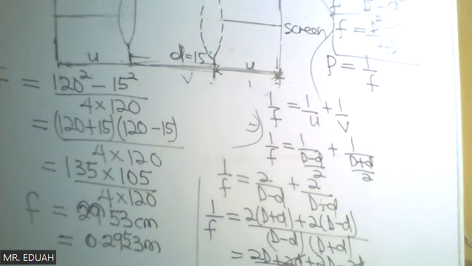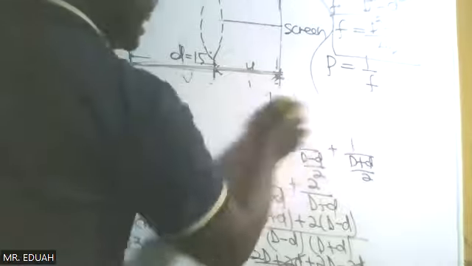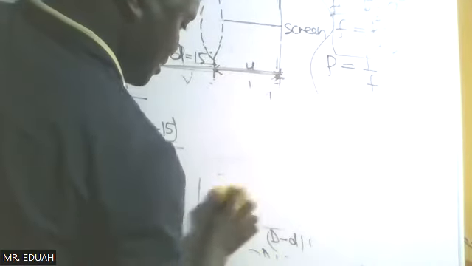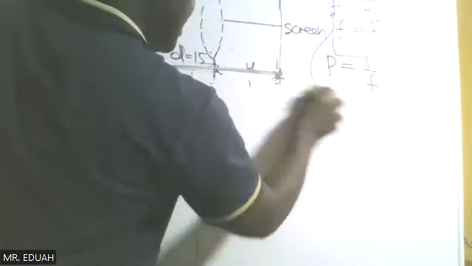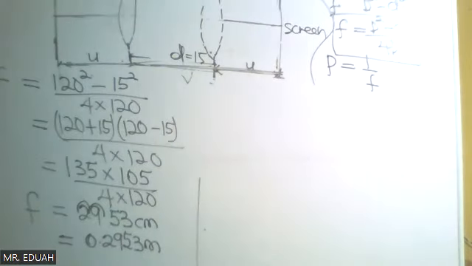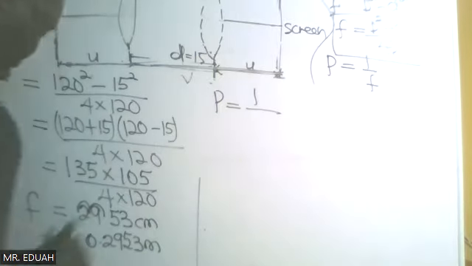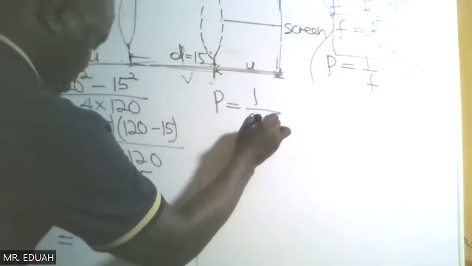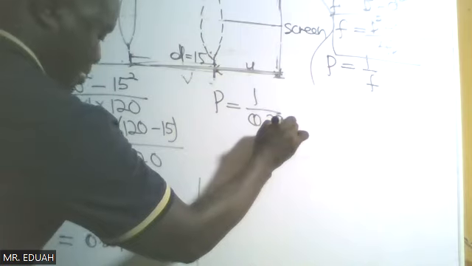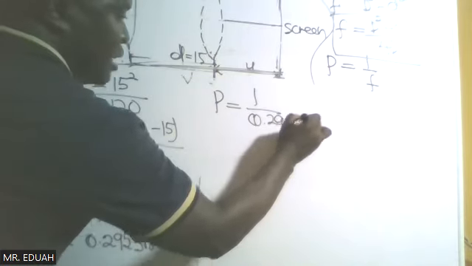So the power P is equal to 1 over 0.2953.